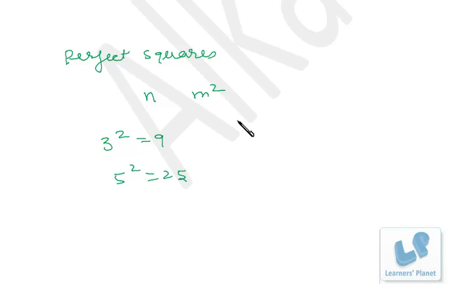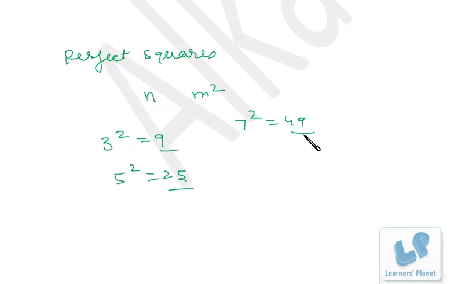The square of 7 is 49. Now here 9, 25, 49, all of these numbers are perfect squares. Why? Because we have a natural number whose square is 9, a natural number whose square is 25, and a natural number 7 whose square is 49.